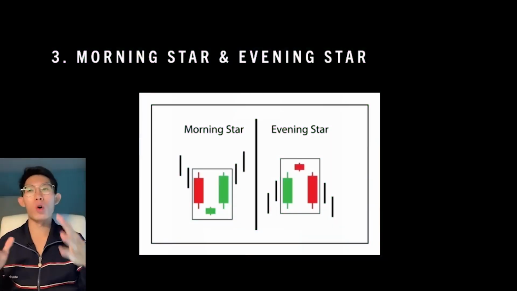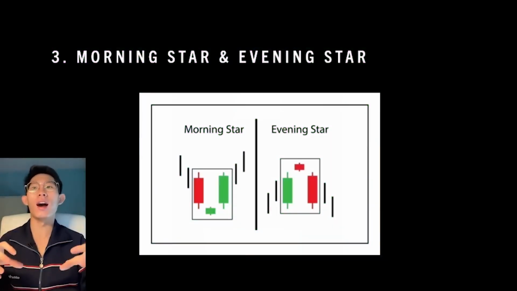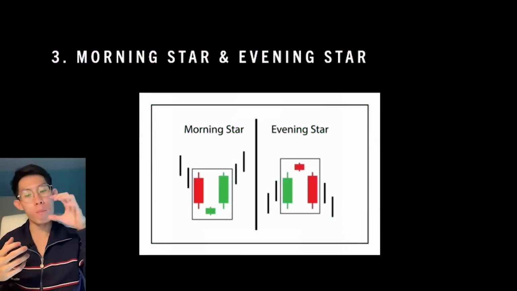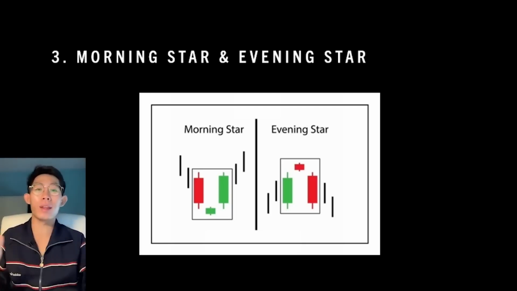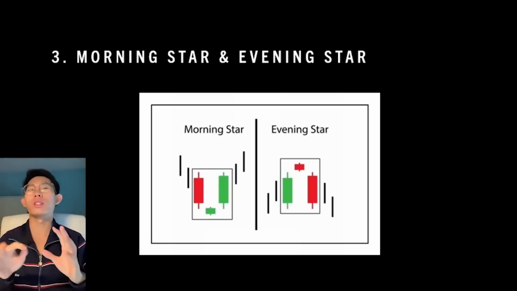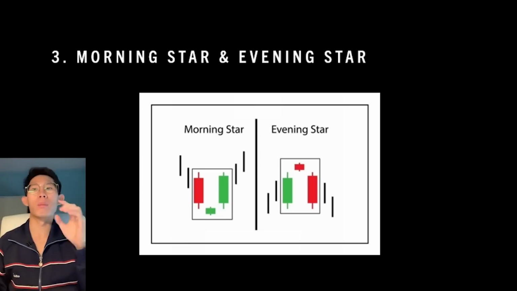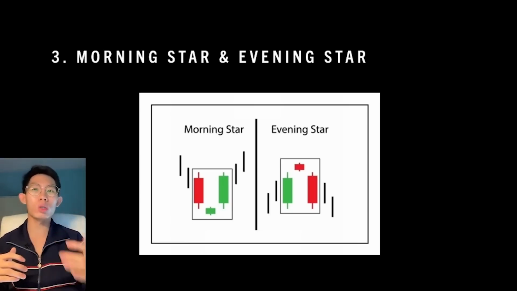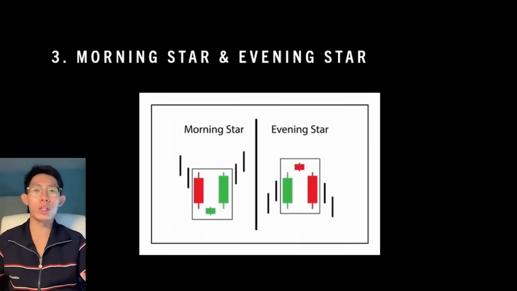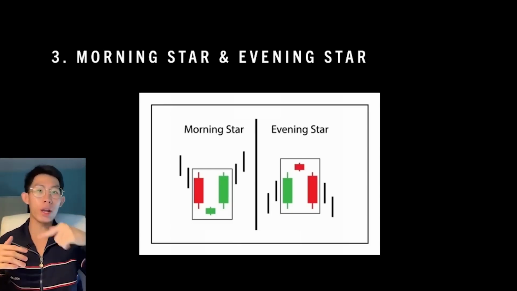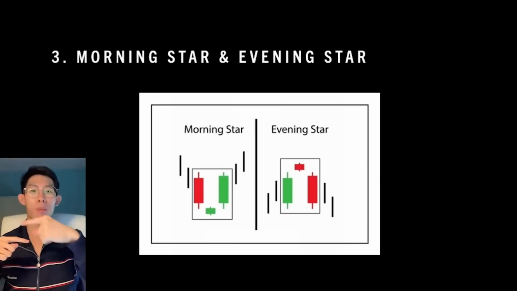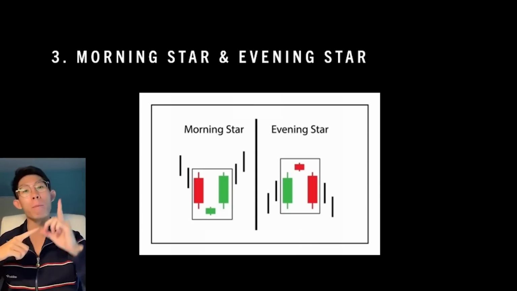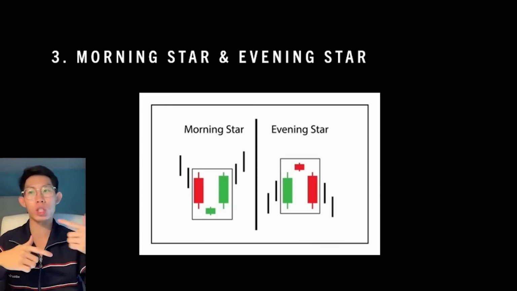Number 3 is your morning star and your evening star. These are one of my most favorite candlestick patterns because they work, I would say, 90% of the time. Alright, the morning star is a bullish 3 candlestick pattern that shows us that price is potentially at the bottom of a downtrend, and this means that price is about to reverse and hit back up in the opposite direction.